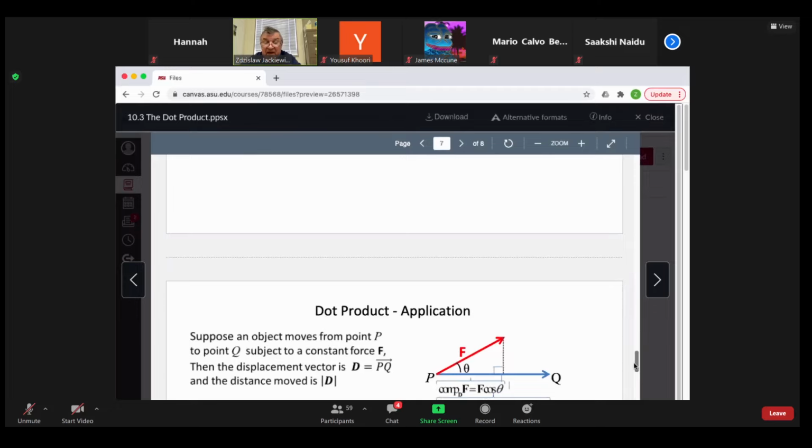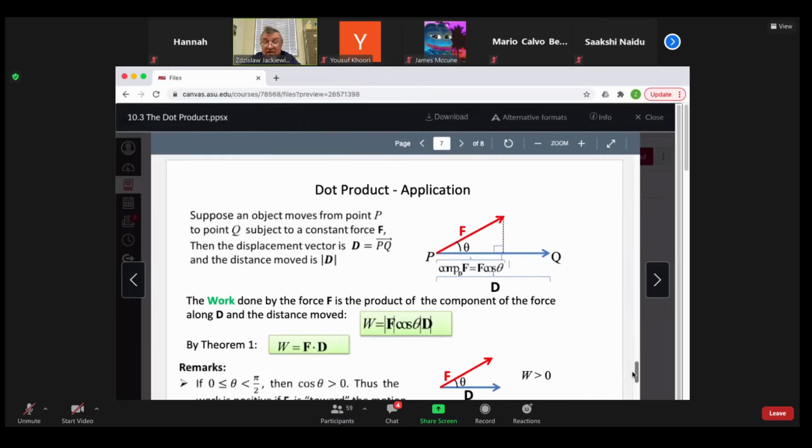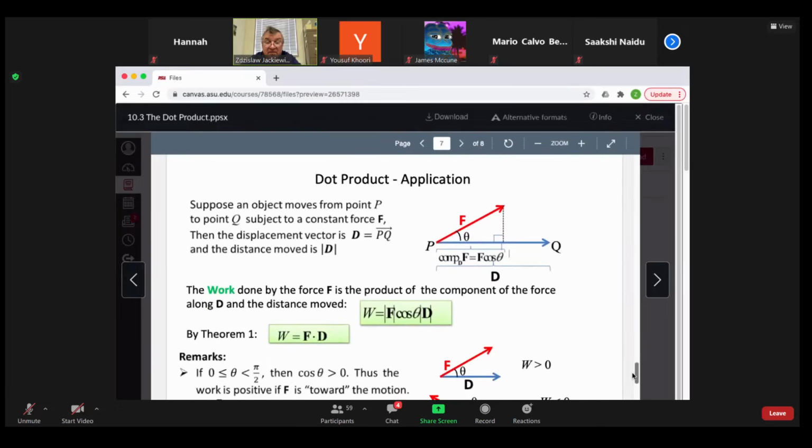Well, some application. Let's see, a dot product application. How can we use such things?